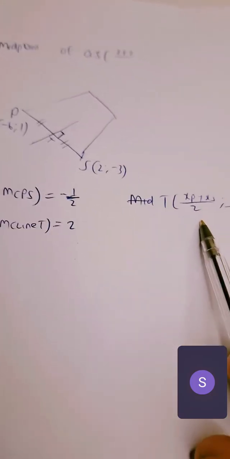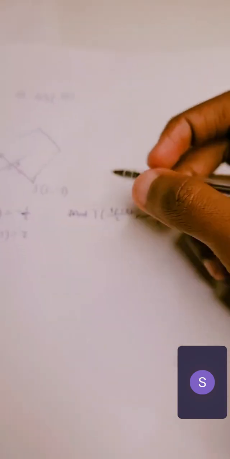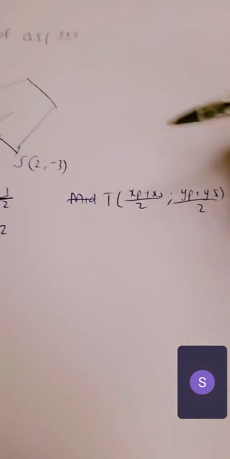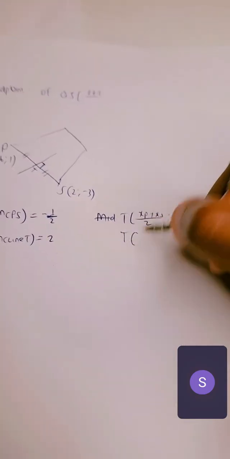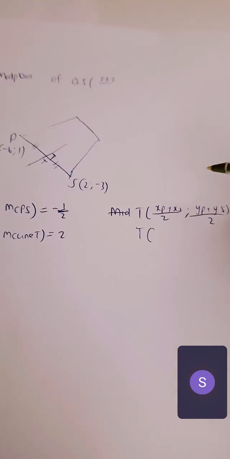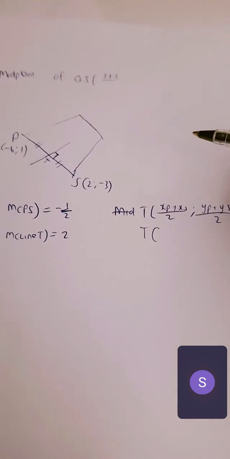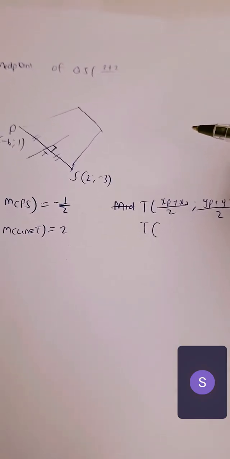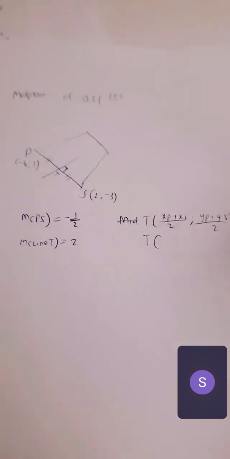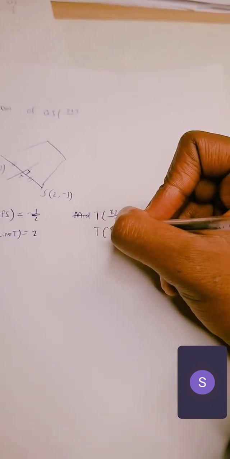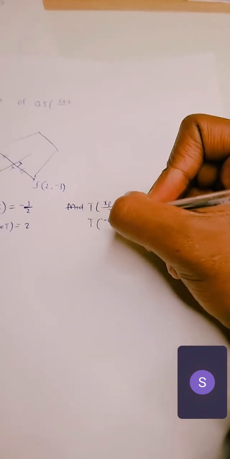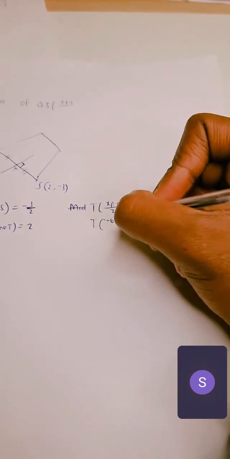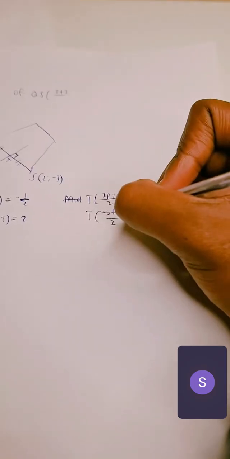Then we use the coordinates for the midpoint of T. The coordinate of T is -2 and -1. Let's just check if it really is by actually finding the midpoint. So x coordinate of P, -6, plus x coordinate of S, that's 2, over 2.